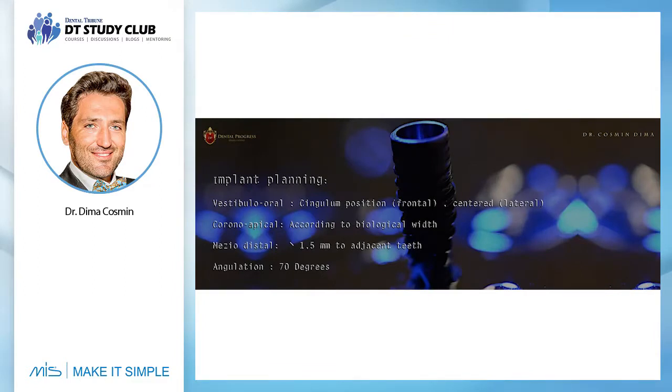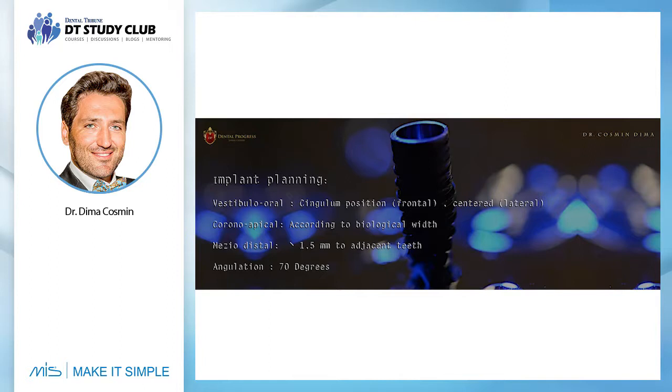Implant planning. We have to know from the beginning some rules. When we insert the implant, we have to insert it vestibulo-oral in cingulum position if we are talking about the frontal area, or centered if we are talking about the lateral area. Coronoapical, we have to insert it according to biological width.